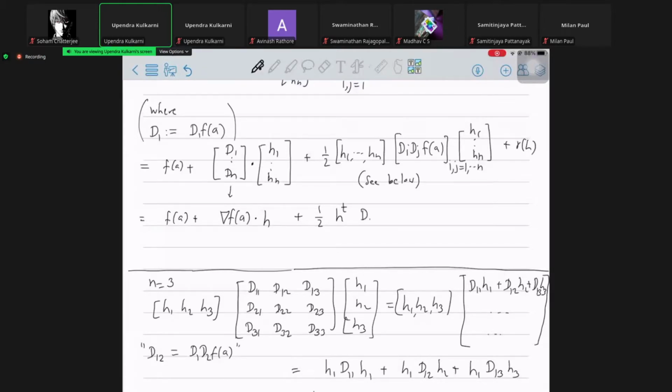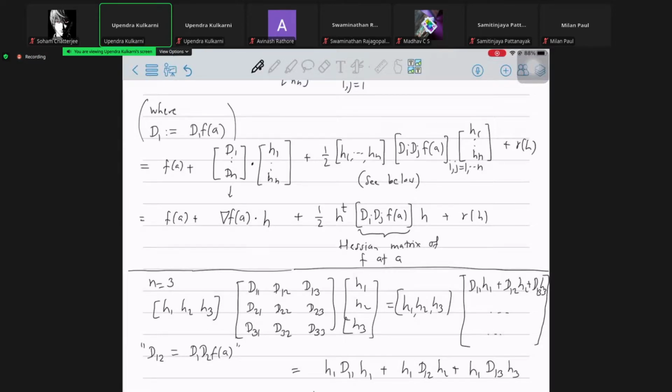I still write this as di dj of f at A, thought of as a matrix, times H. This is really just multiplication, plus R of H. Now this matrix has a name. It's called the Hessian matrix of f at A.